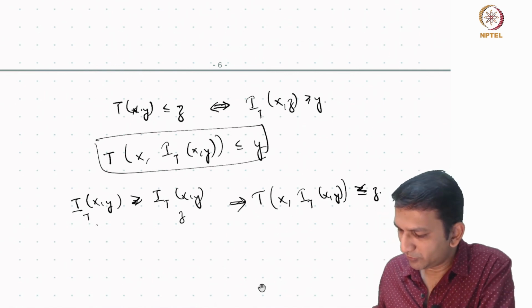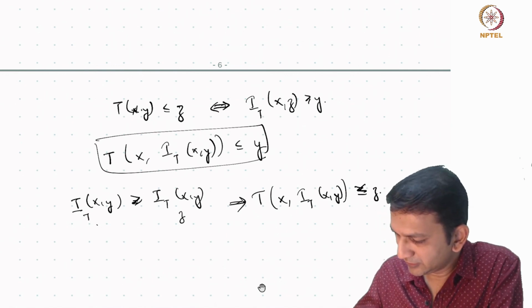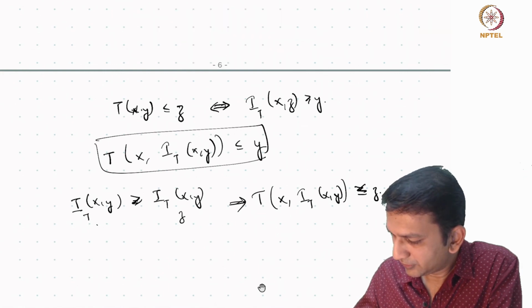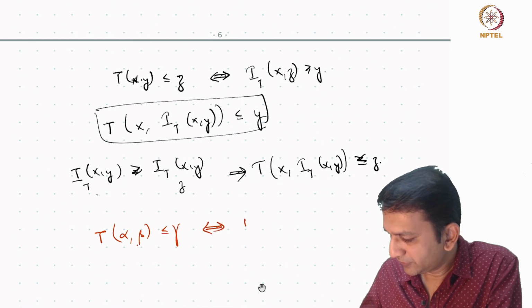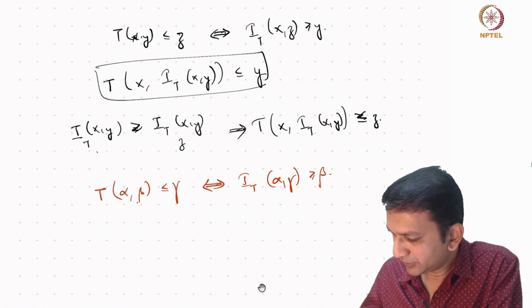Perhaps an easier way to see this is like this. If we could write in terms of alpha, beta, so T of alpha, beta is less than or equal to gamma if and only if IT of alpha comma gamma is greater than or equal to beta. And what we need to prove is this quantity.